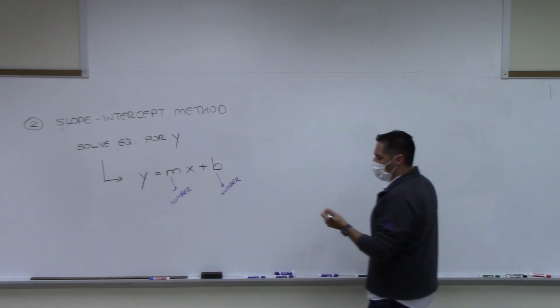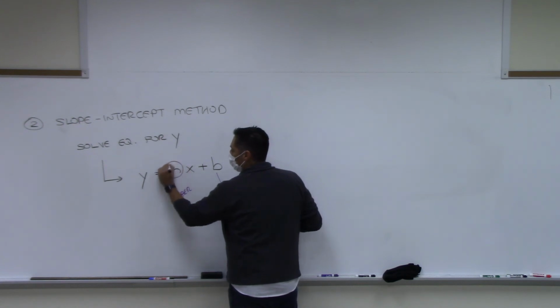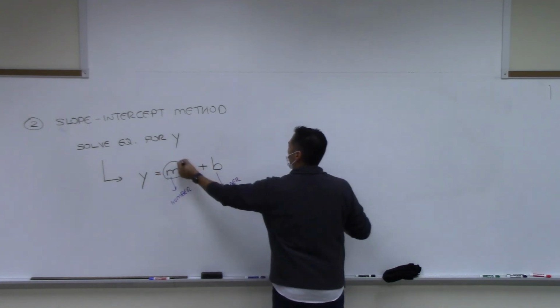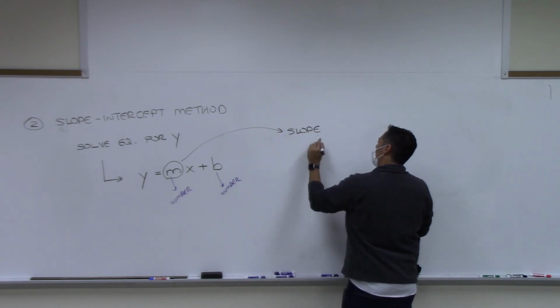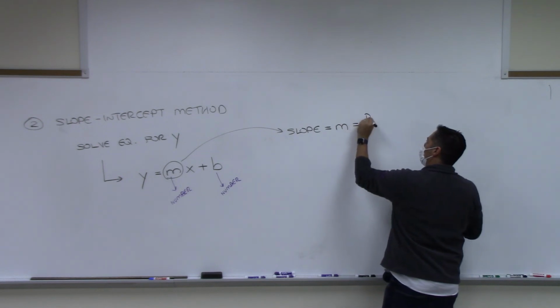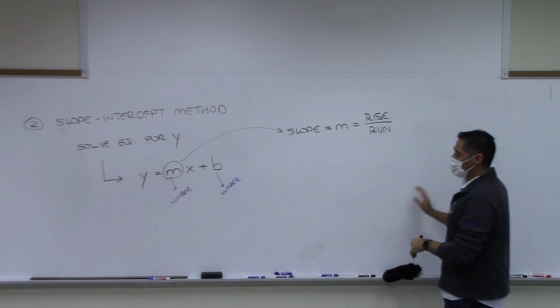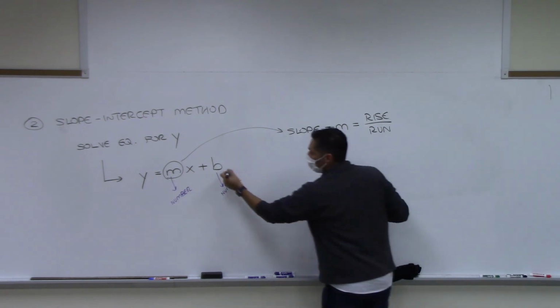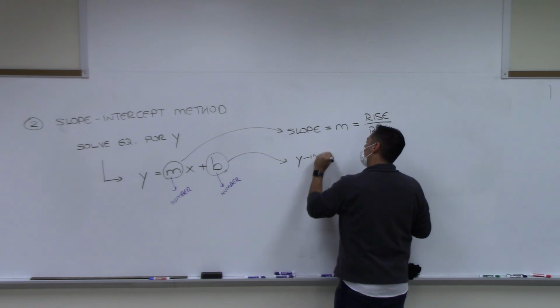Now, this number, m, is what we call the slope of the line, and it is always your rise divided by the run. I will explain this as we do an example. And then this number right here will always be your y-intercept.